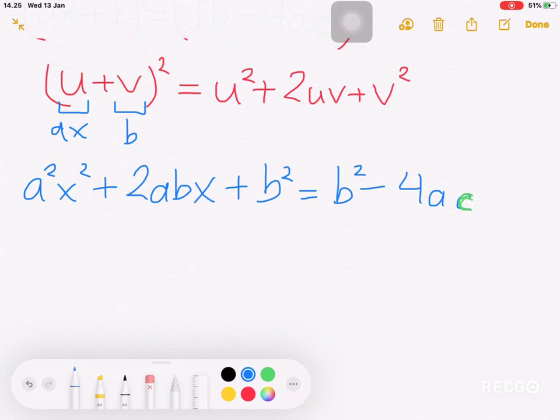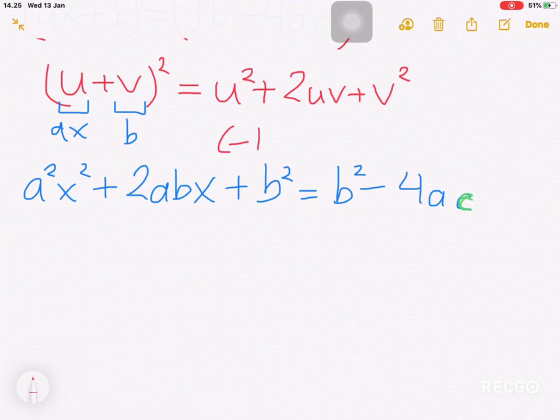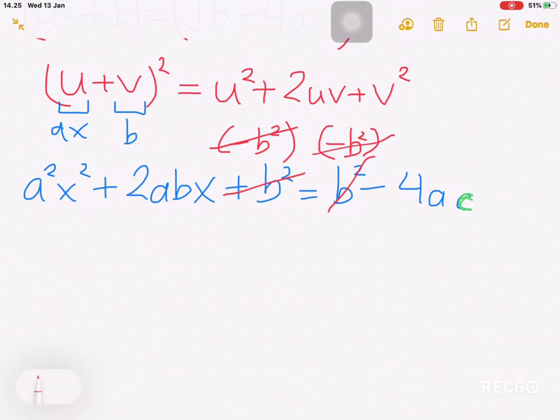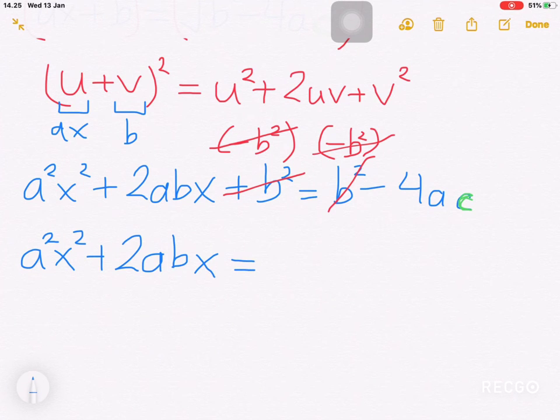So notice that if we subtract b squared from both sides, this positive b squared right here and this positive b squared will cancel, leaving us with only, I'll just rewrite everything, negative 4a times c.